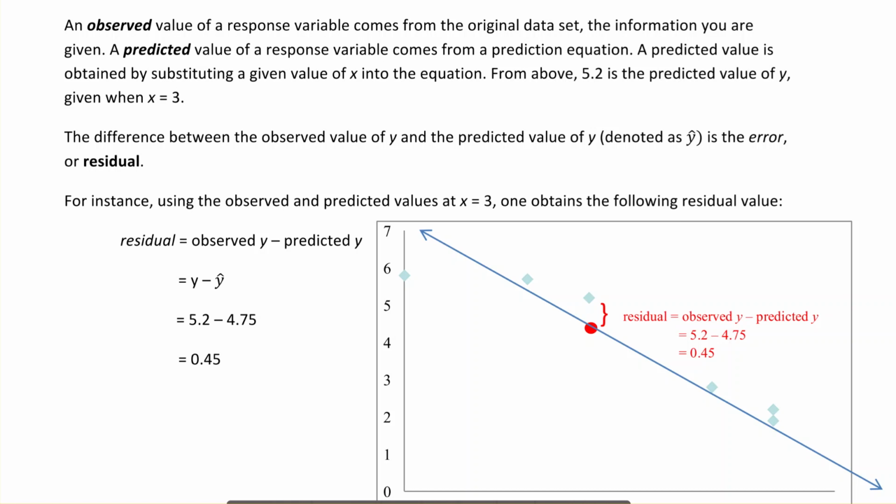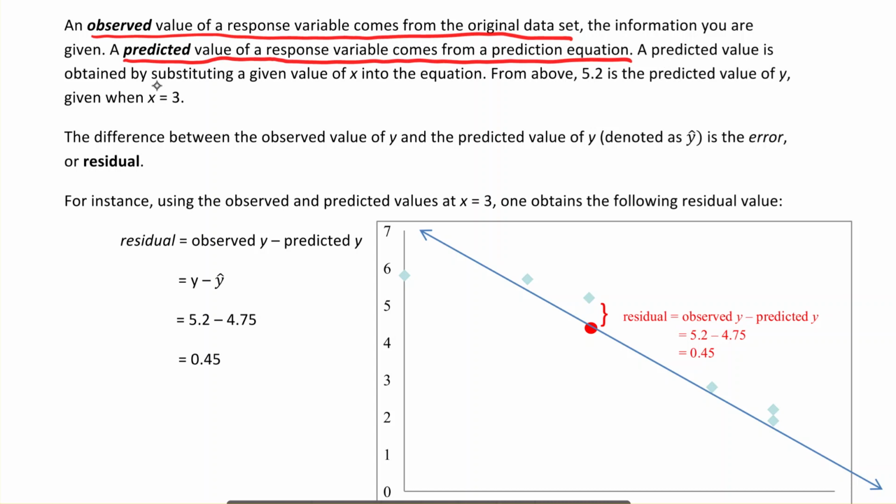So going back to the scatter plot idea, which is just a data set in a scatter plot, the observed value or response variable comes from the original data set, because we observed the data. The predicted value of a response variable comes from prediction. So we're trying to make a prediction with our best abilities, of course.